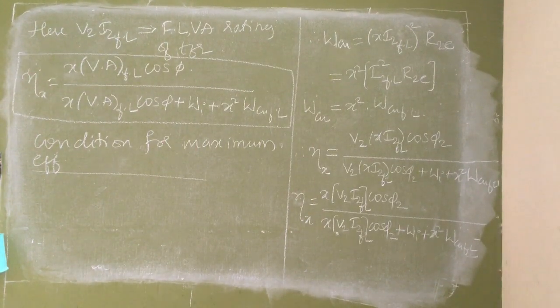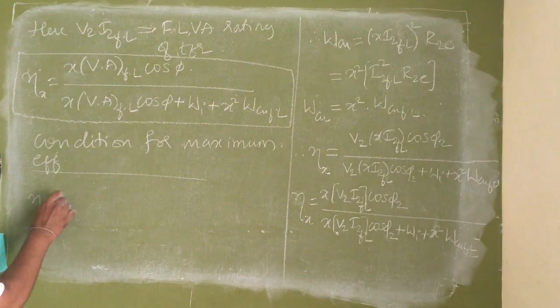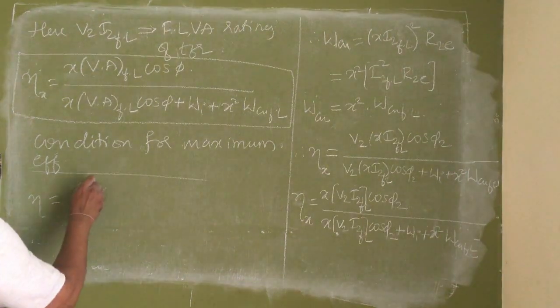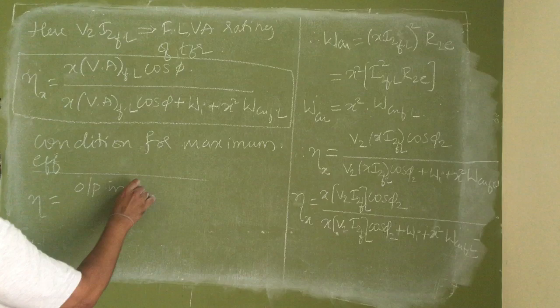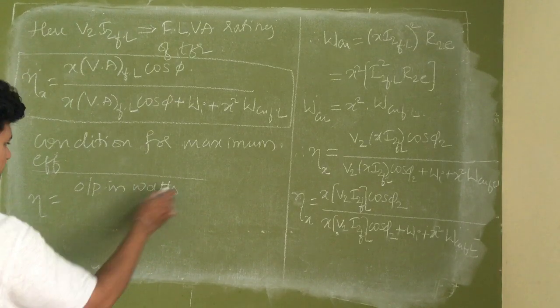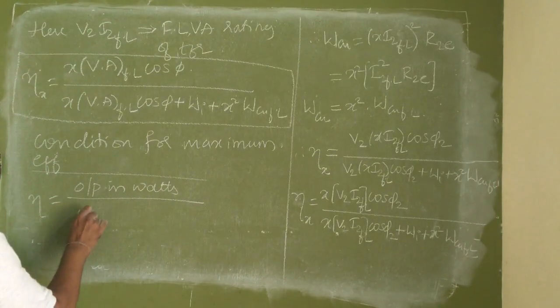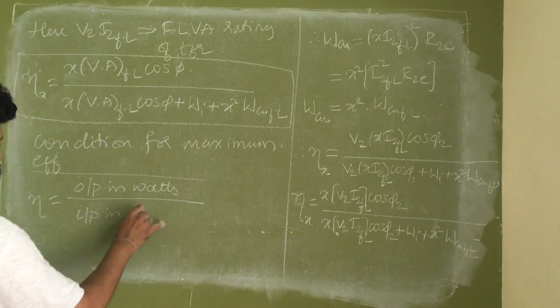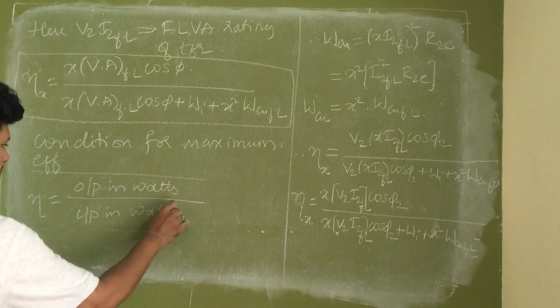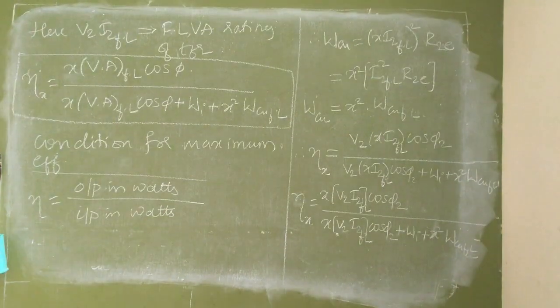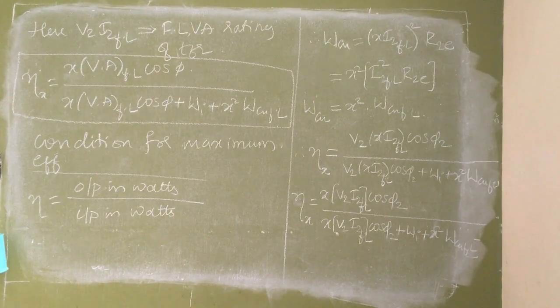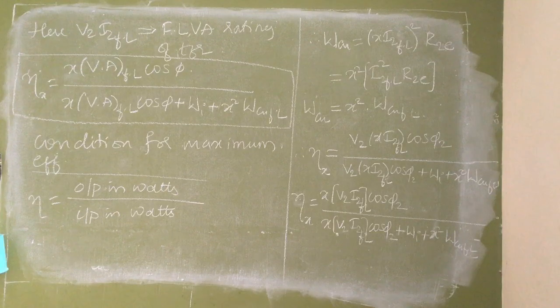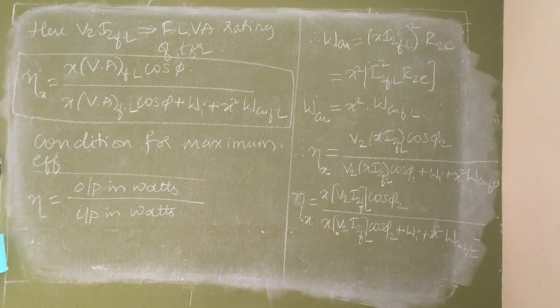So let the efficiency be output in watts divided by input in watts. Slightly I will change here. I will not take input equals output plus losses; I will take output equals input minus losses.